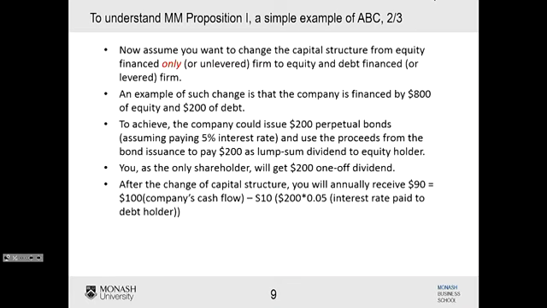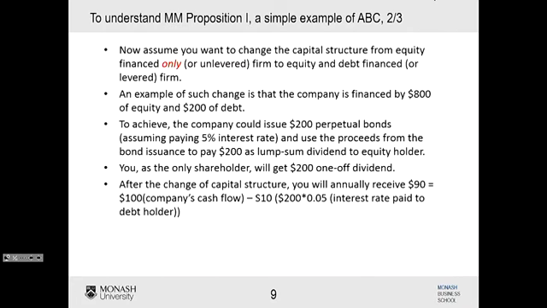Because right now, you do not receive $100 anymore. The company by itself still generates $100 cash flow, coming from the operating activity. The operating activity of the company generates $100 each year and forever.